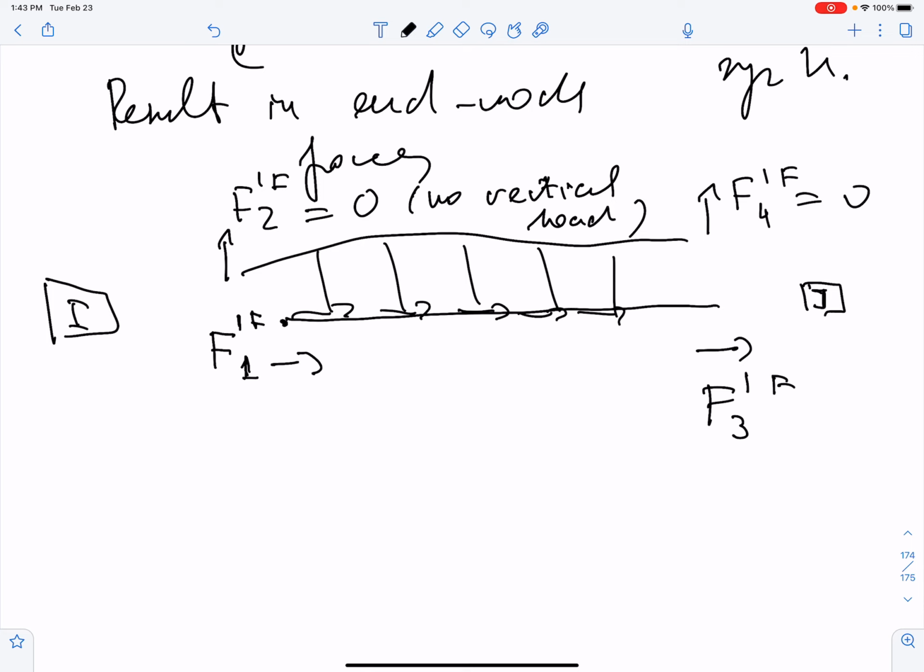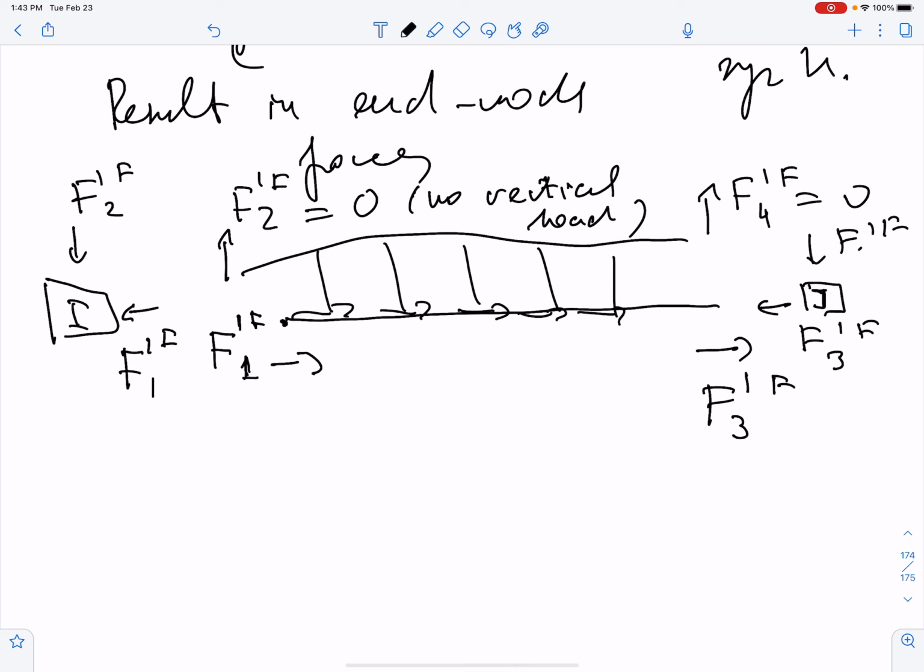Right? And of course, there'll be support reactions because of the application of that force, and these support reactions are equal and opposite, right? F prime f1, f prime f2, f prime f3, and f prime f4, like this, okay?